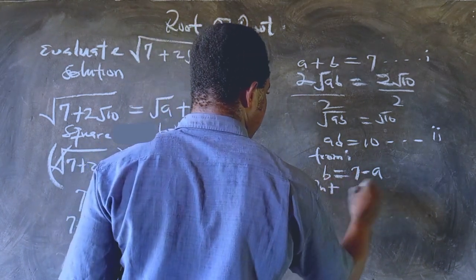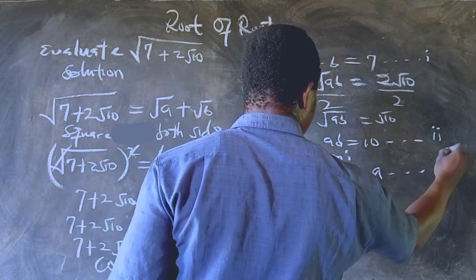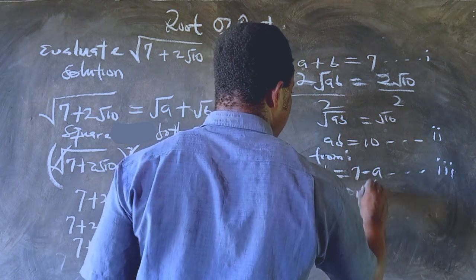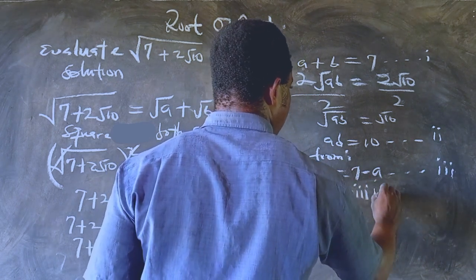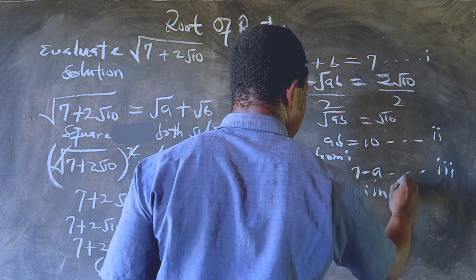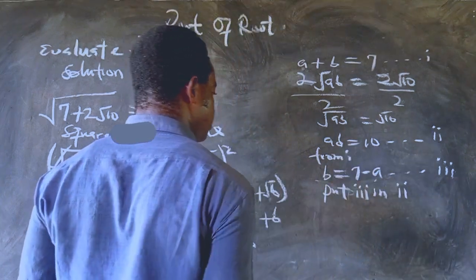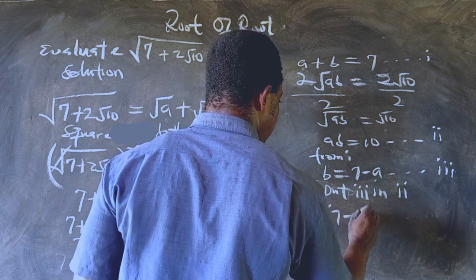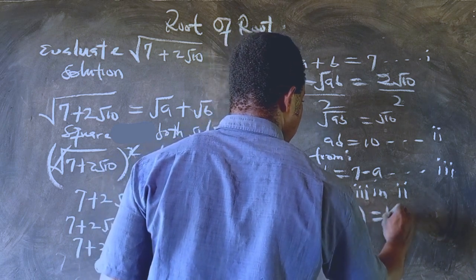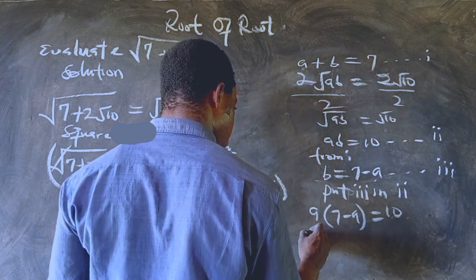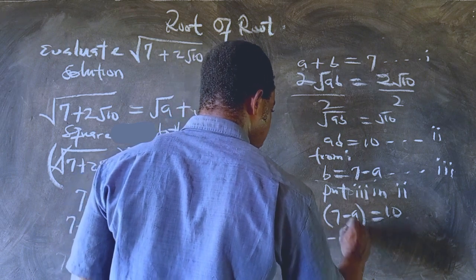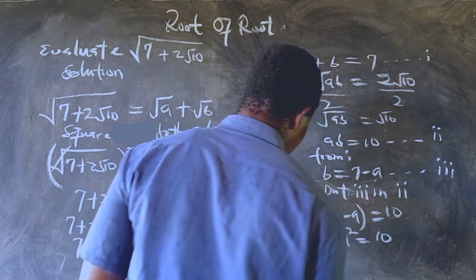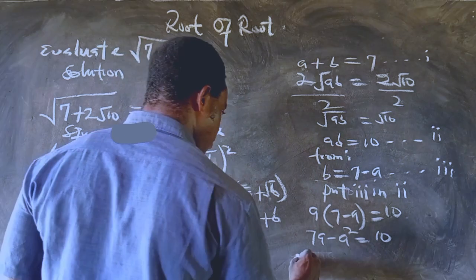So what we have to do now is put 7 minus a anywhere we see b in equation 2. So what I write here is I'm putting 3 into 2, because I've labeled that 3. So we'll have a into bracket 7 minus a equals 10. If we open the bracket, we have 7a minus a squared equals 10. So we have a quadratic.